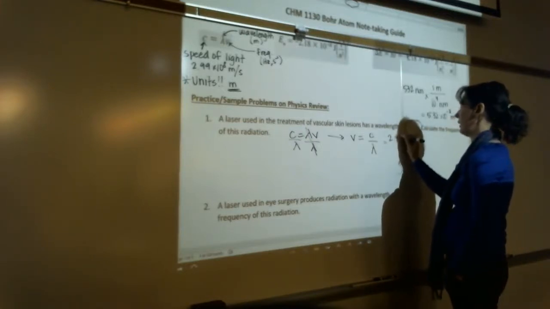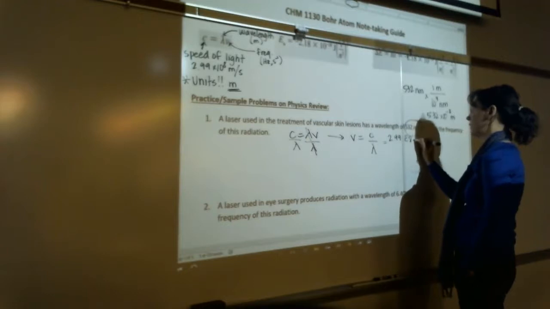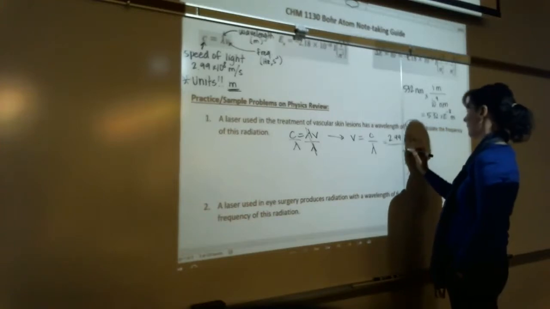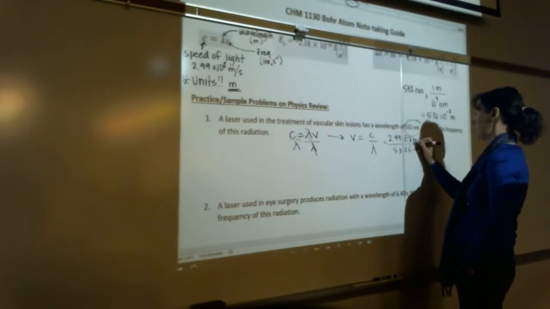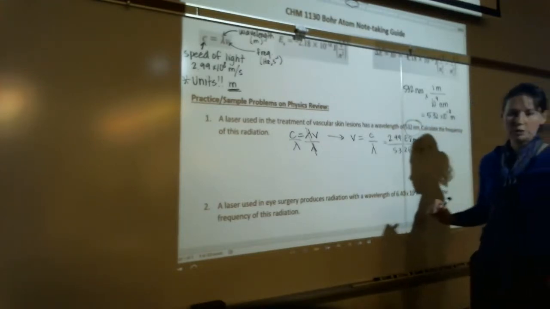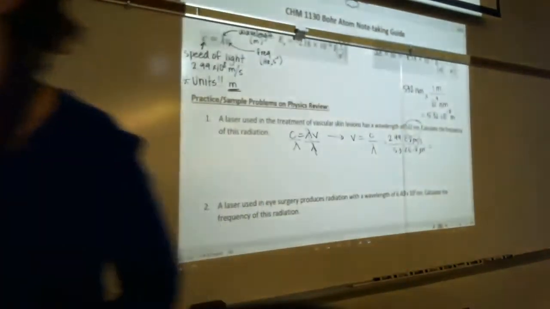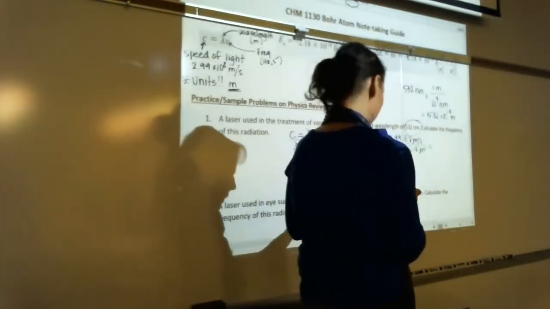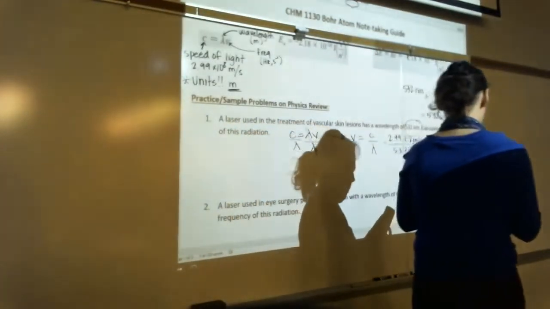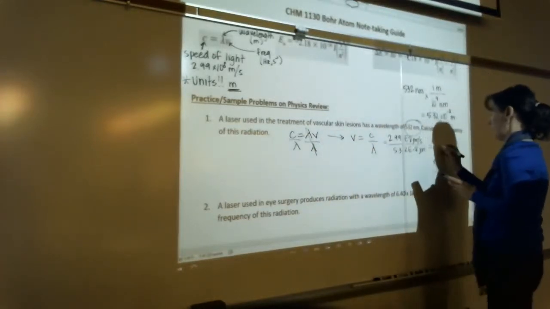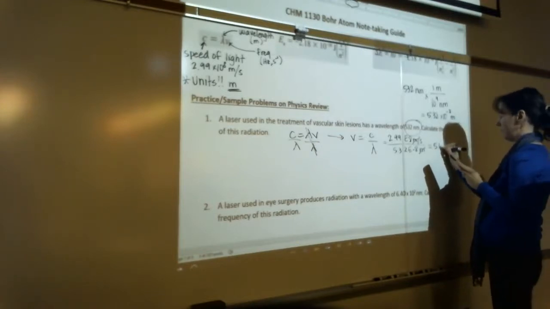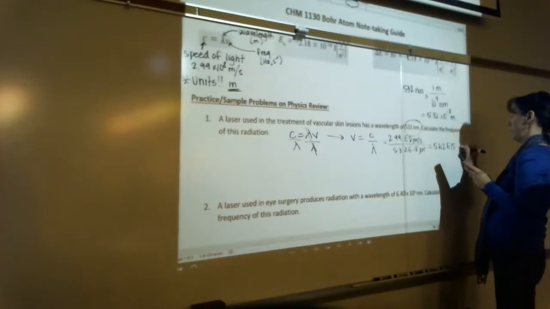So 2.99 times 10 to the 8th meters per second, divided by our answer that we just got, 5.32 times 10 to the -8 meters. Meters goes away. We're left with seconds inverse as our answer, which is what we want. That's what hertz is. So 2.99 times 10 to the 8th divided by 5.32 times 10 to the -8. So we get 5 point, how many sig figs are we keeping? 3. 5.62 times 10 to the 15th hertz.